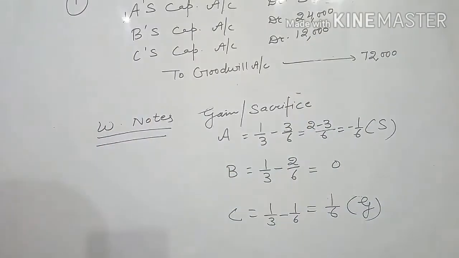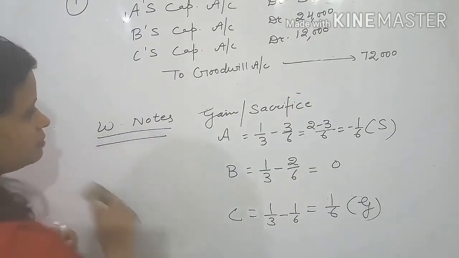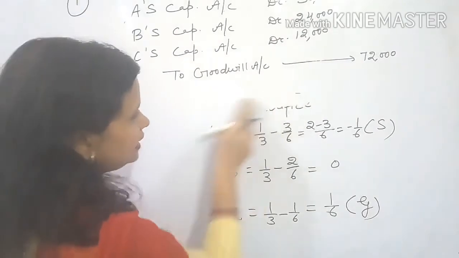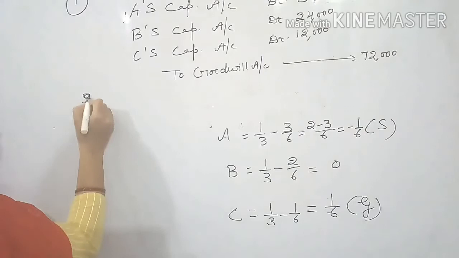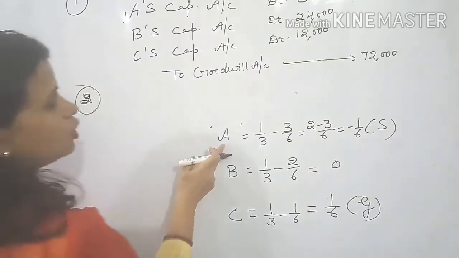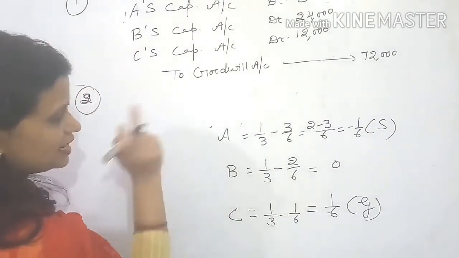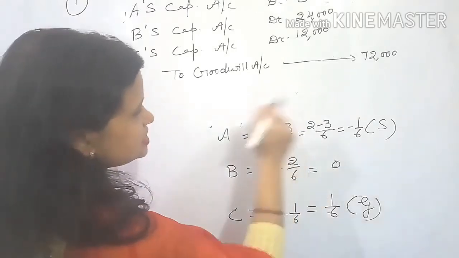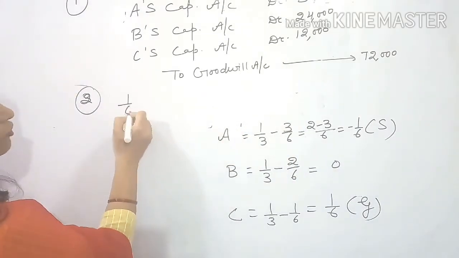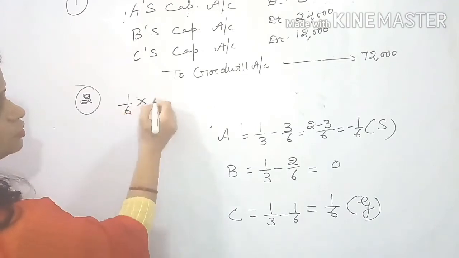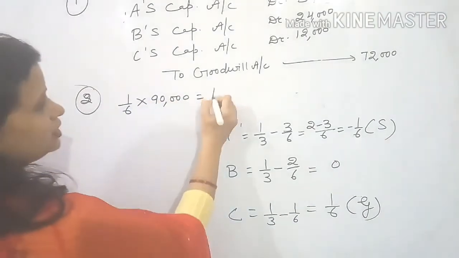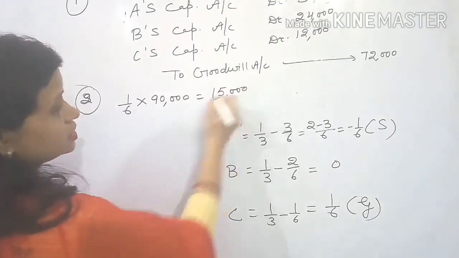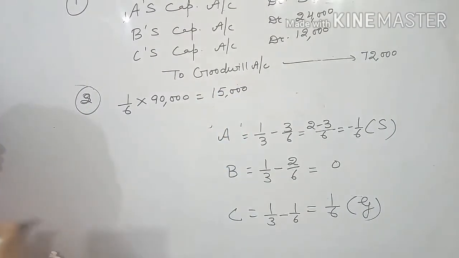Now the second step. For the second step, what do you have to remember? Gain and sacrifice. Now, if we calculate the share A sacrificed in favor of C, it is 1/6. So 1/6 of the goodwill. What is the goodwill given in the question? 90,000. That means if you calculate, it will be 15,000. So how much amount will be compensated by C to A?